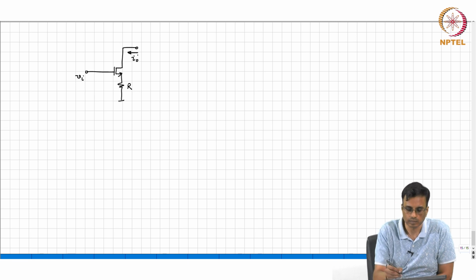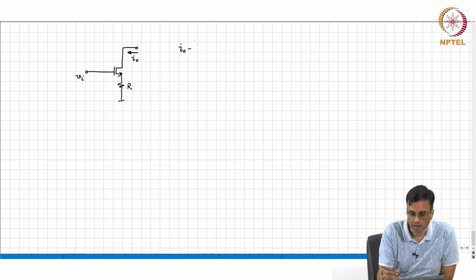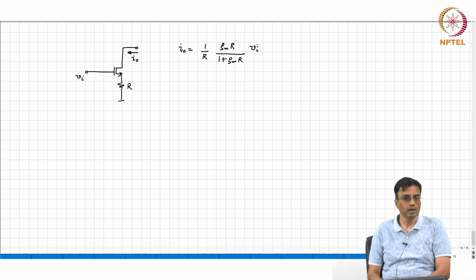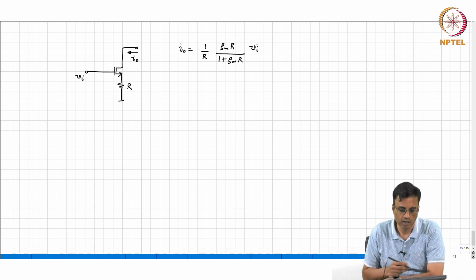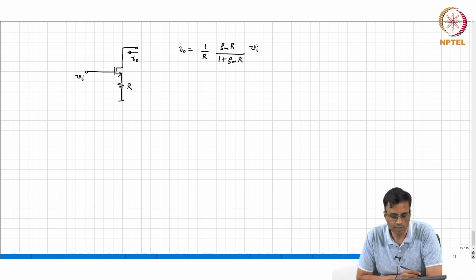Incrementally, if GM tends to infinity, this tends to 1 by R times VI, right. If GM does not tend to infinity, then it is this expression, right. Now, if you want to build this with PMOS transistors, what will you do?